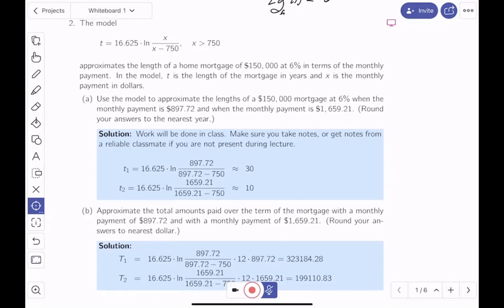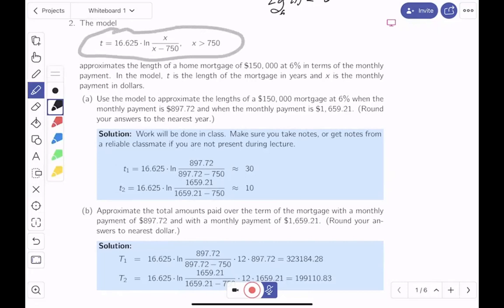So basically it's a plug-in formula. So let me point out what I mean by that. You're given this over here, right? It's nice to be given something. The question is, you might say, I don't know what these letters mean. X is the monthly payment. All right. Now, someone says, I don't even know where that is. It's right over here. X is the monthly payment in dollars. All right.